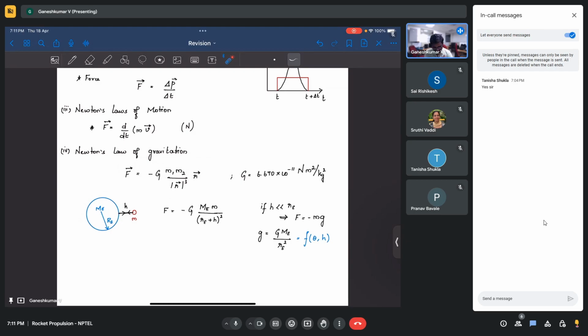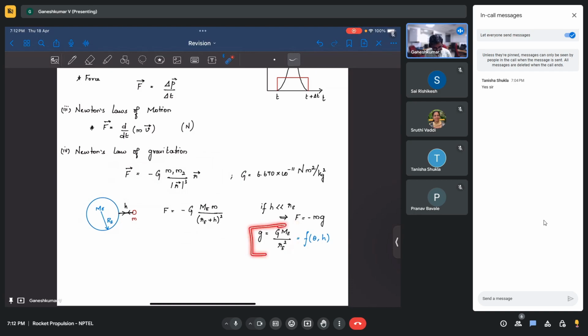So that's why it is easier to get a first order estimate using Newton's law of gravitation, which basically says that the gravitational pull depends on m1 m2 divided by r squared, the distance between these two masses. And if you take it for the Earth, you just change it with Me, and change r also to Re, and then you will end up having the acceleration due to gravity as g equals G Me by Re squared.